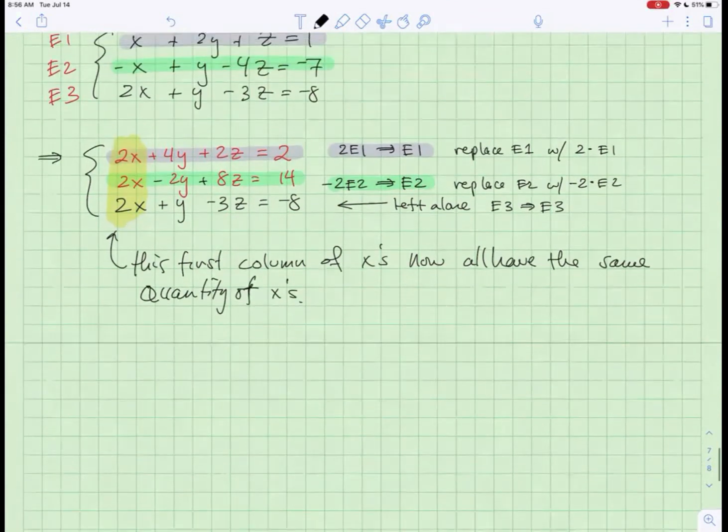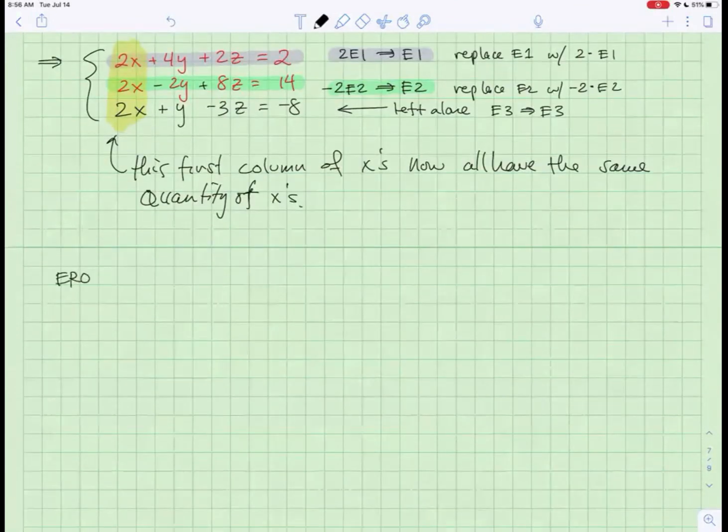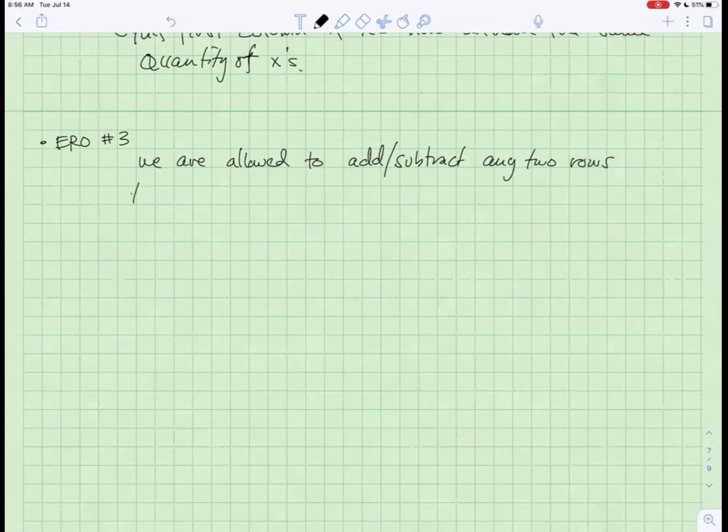So that's an example of the second ERO that we can use. ERO number 3. We are allowed to add or subtract any two rows to create a new row.